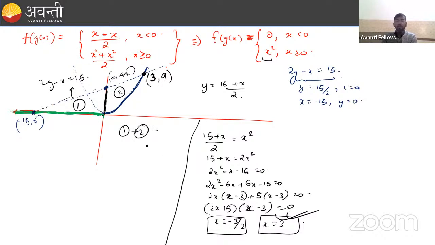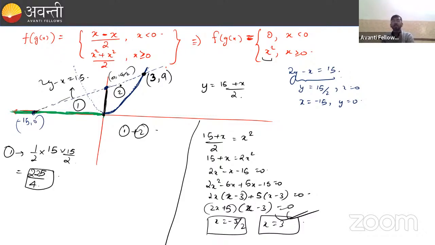The area of 1 is half into base into height. The base is 15, as you can see from the origin, this point is 15 units away, and the height is 15 by 2. So we get the area as 225 upon 4.